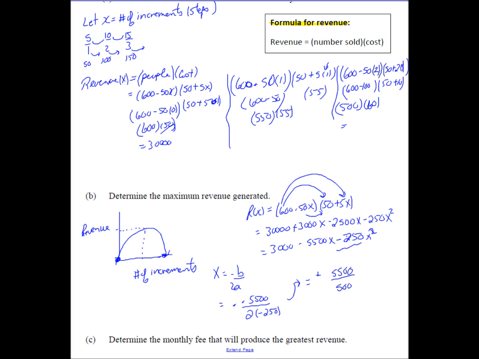Okay, I just noticed a small mistake there. 600 times 5 was a positive 3,000. So this right here is not the right number. So I have to change it there and here.